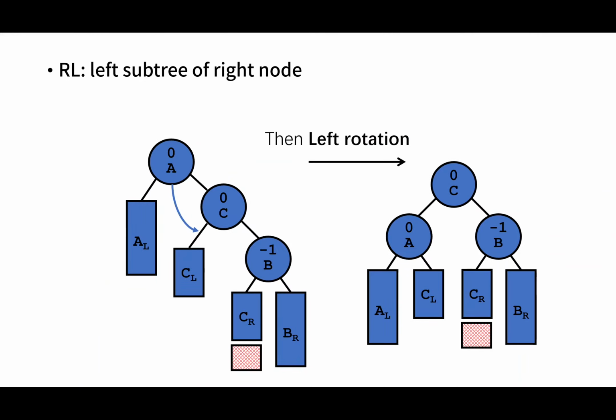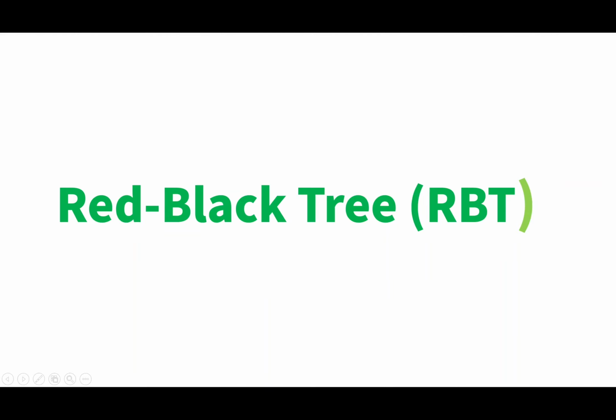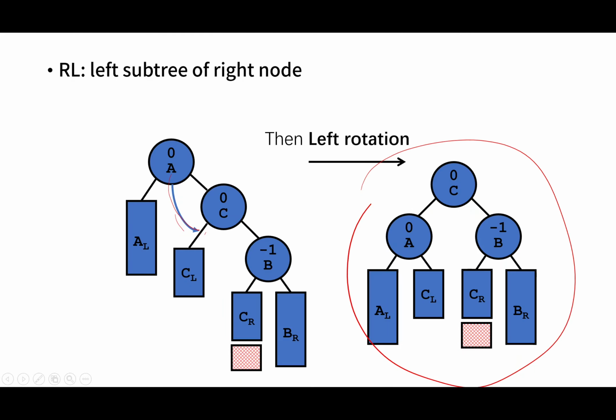Then we rotate the top to the left child and make the tree balanced again. So for the AVL tree, if we insert a node and make the tree not balanced, we use the 4 types of adjustment to make it balanced again.